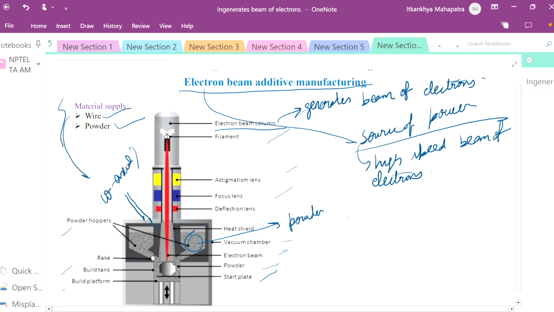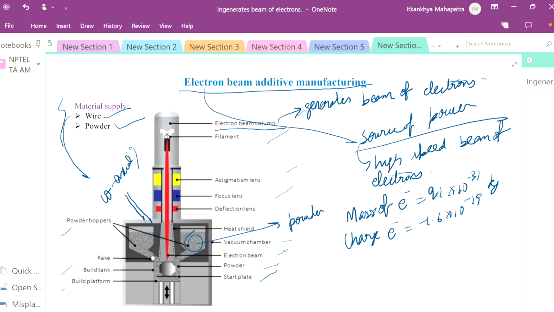The mass of an electron is 9.1 x 10^-31 kg, and the charge is -1.6 x 10^-19 coulombs. So this mass is very small, as we can see.